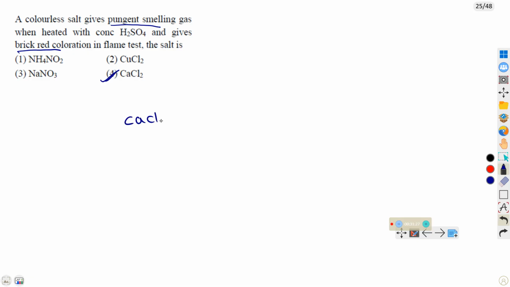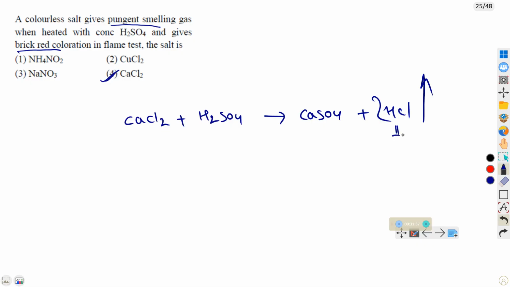CaCl2 reacts with H2SO4 and gives CaSO4 plus HCl gas. HCl gas is a colorless gas with pungent smell.